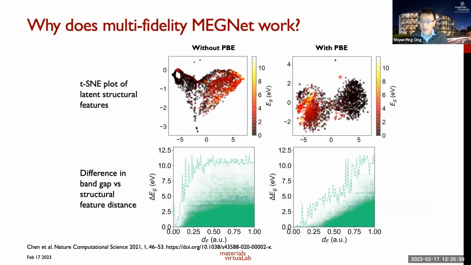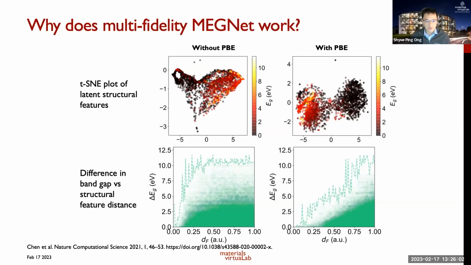While if you combine the PBE data, you have a good separation of the high bandgap and low bandgap materials, right? And it is this improvement in the underlying latent structural features that we believe is responsible for the improvement in performance in the HSE and experimental bandgap predictions, okay?